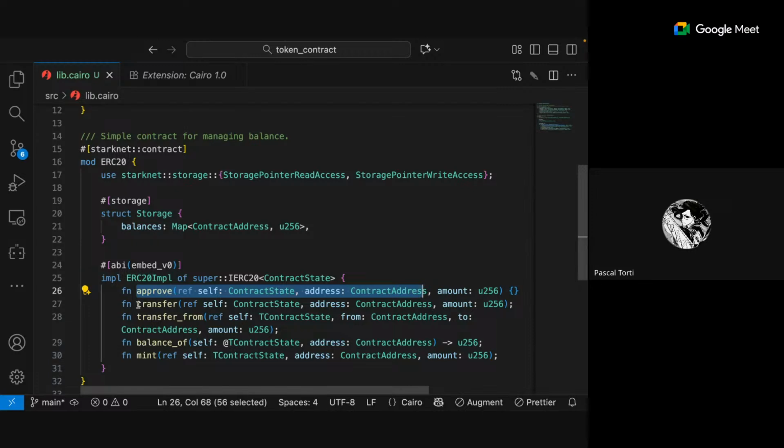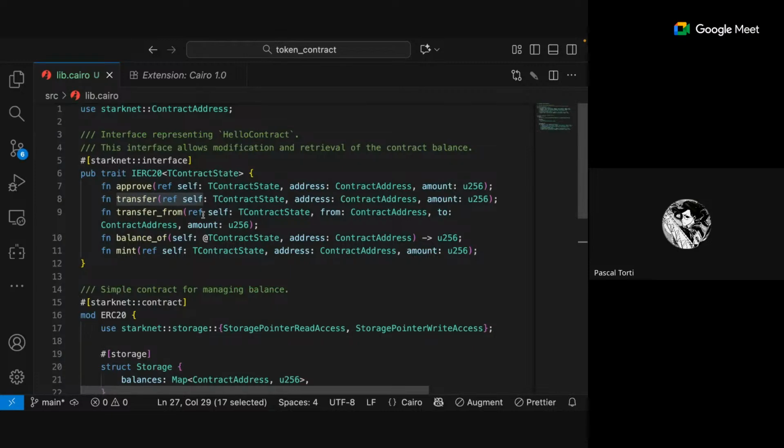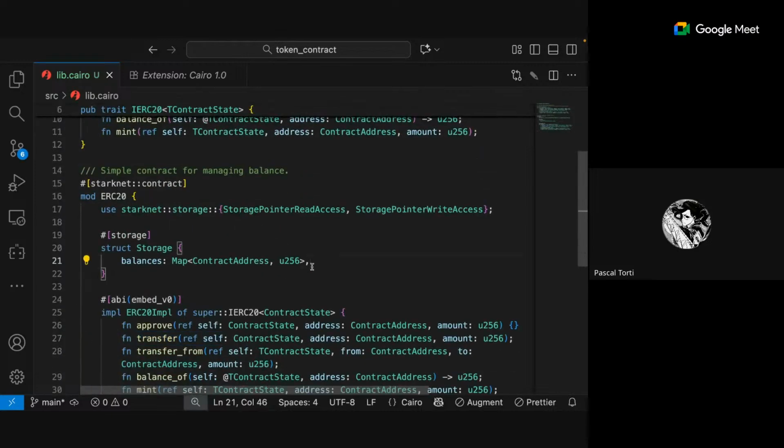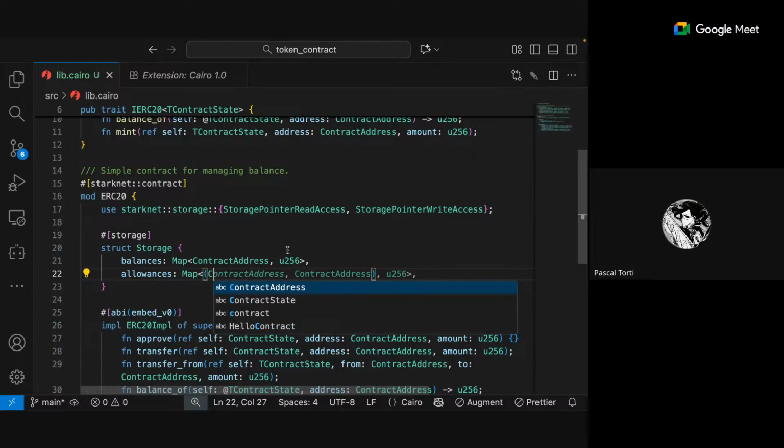They also have one more thing, allowance. So we can also put allowances here. This is for the approve function. You have done a map: this is the key and this is the value.